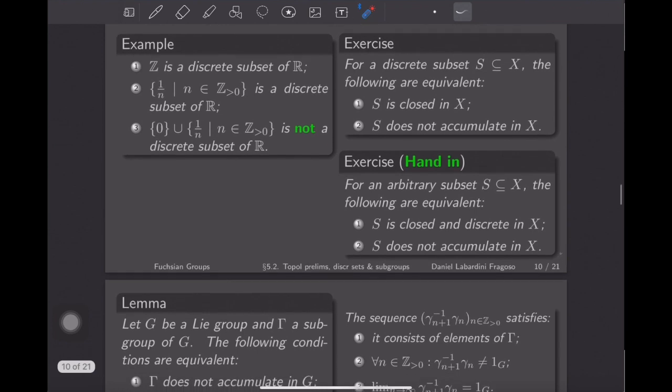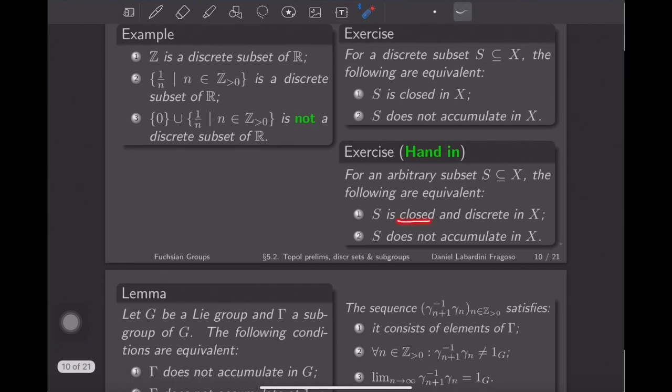I mean, closed means the accumulation points all belong to S, right? And discrete means no one in S is an accumulation point. So there you go. At least this implies this, because any accumulation point has to be in S because of closedness, but no one in S is an accumulation point.